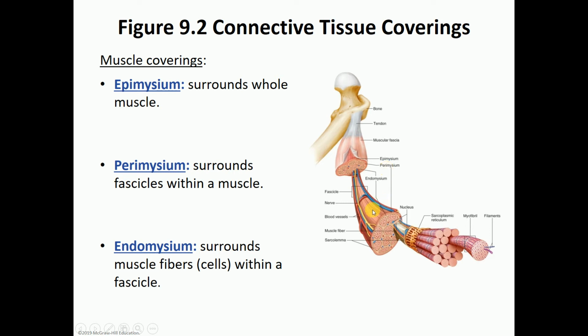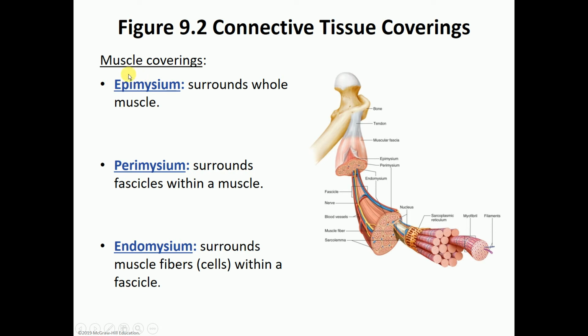Now, the perimysium is going to send connective tissue extensions and surround each individual muscle cell. So this fiber or muscle cell has its own connective tissue surrounding it, and that is known as the endomysium.